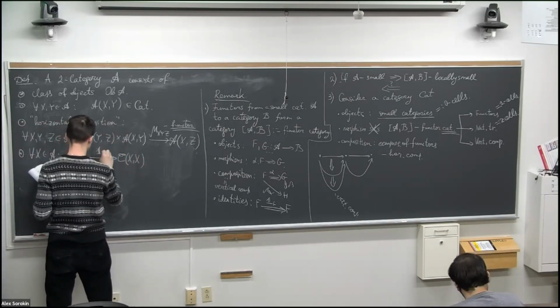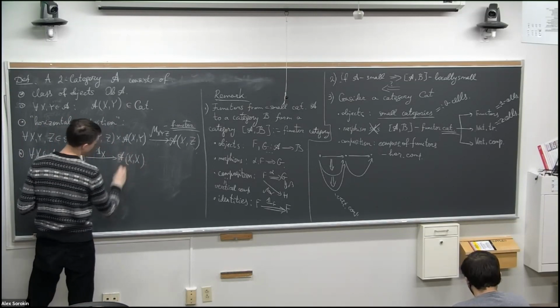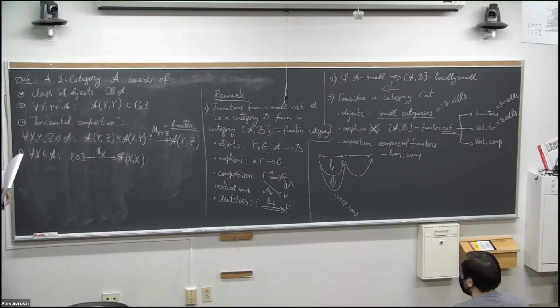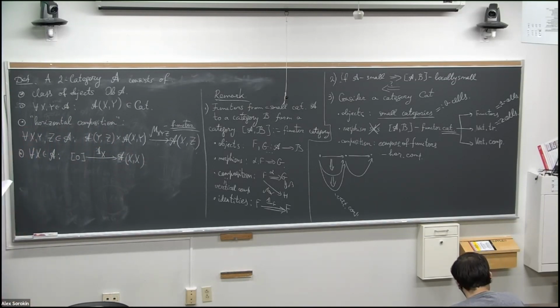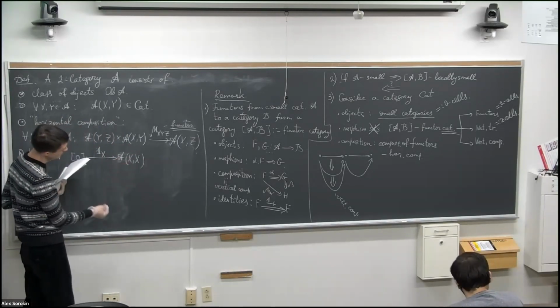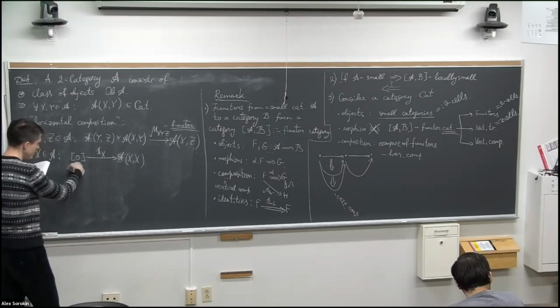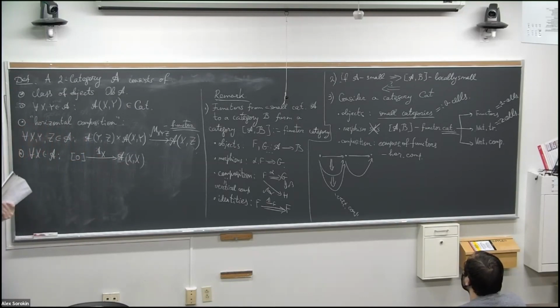In my notes I try to keep to A, B, C, so I'm starting with A. For the endomorphism object, we have a functor from the trivial category to this category that picks up a unique arrow, and this arrow is the identity functor on category X, if you think in terms of the small category Cat.